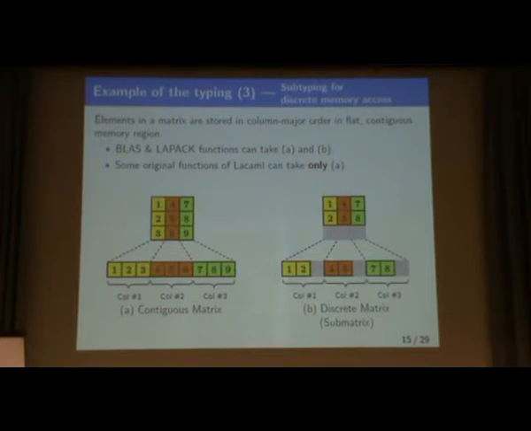And some LAPACK functions can take only contiguous matrices and cannot accept discrete matrices. So we have to distinguish these two types of matrices. In some sense, discrete matrices are a supertype of contiguous matrices, because it's safe to consider contiguous matrices as discrete, but the other way around is unsound.